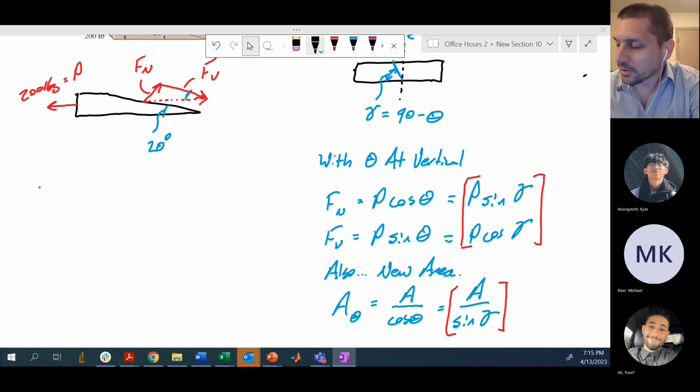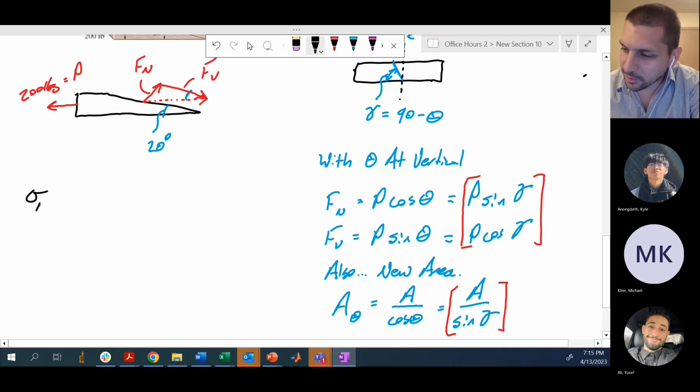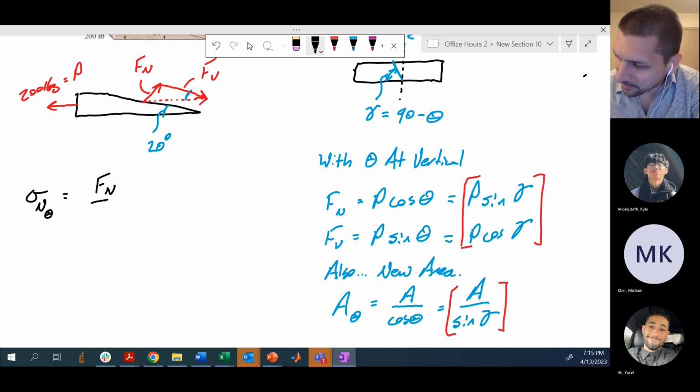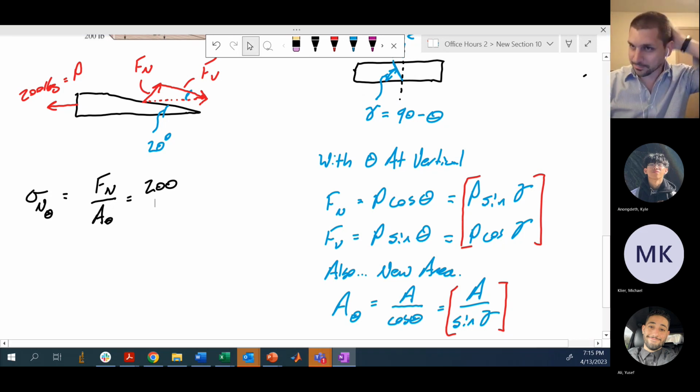So we're asked for the normal stress and the shear stress on the inclined plane. If we want the normal stress at the angle theta, this is going to be that normal force Fn divided by the modified area, which is A theta. Here, the normal force is going to be P cosine theta, or sorry, we're going to use the sine gamma.